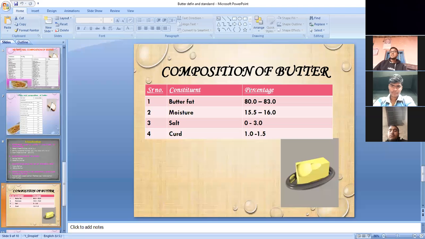So the butter fat content should be 80 to 83%, the moisture content should be 15.5 to 16%, and the salt content should be in the range of 0 to 3%.